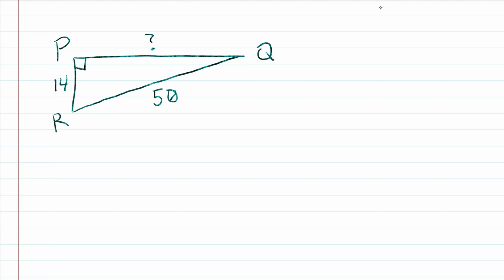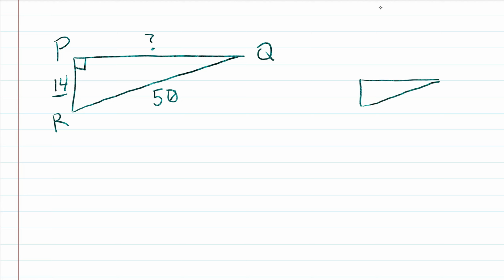When dealing with a right triangle, they're giving us this side right here where the 14 is. Thinking back to the Pythagorean theorem, that side is known as a leg.